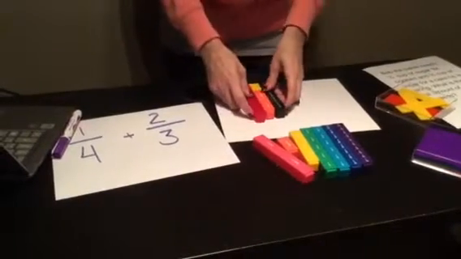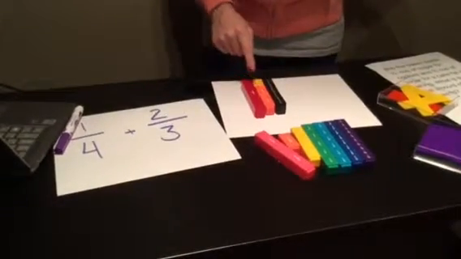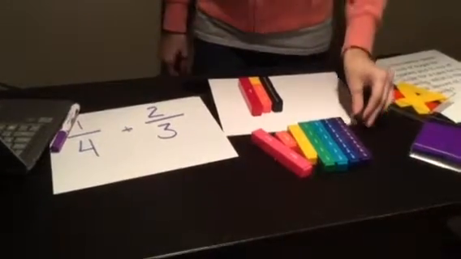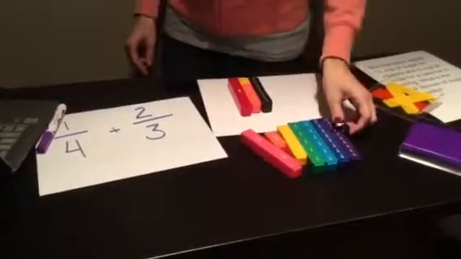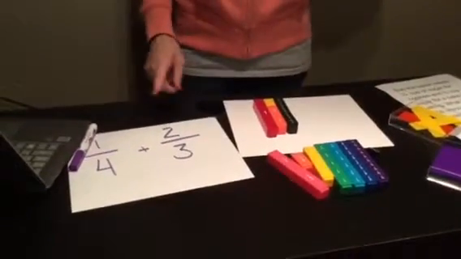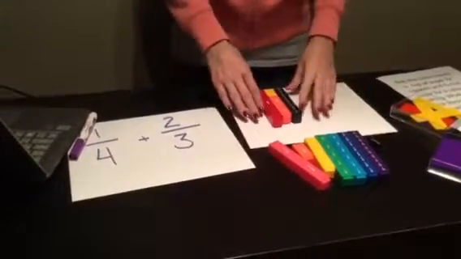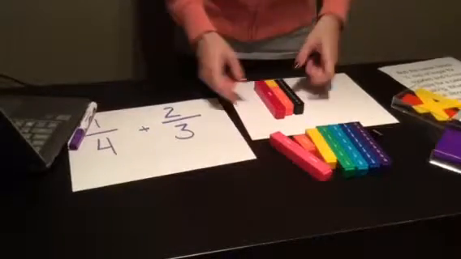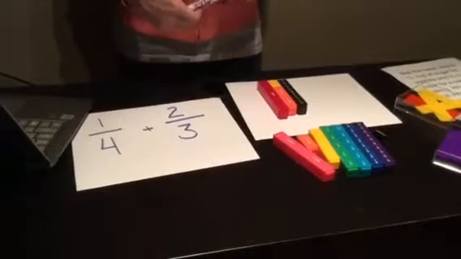So together, 11 twelfths equal 1/4 plus 2/3. Those two models were two ways to represent the addition problem, working with fractions. So you have now learned two different ways to solve an addition fraction problem.